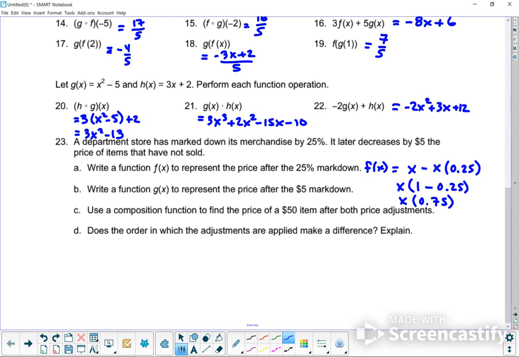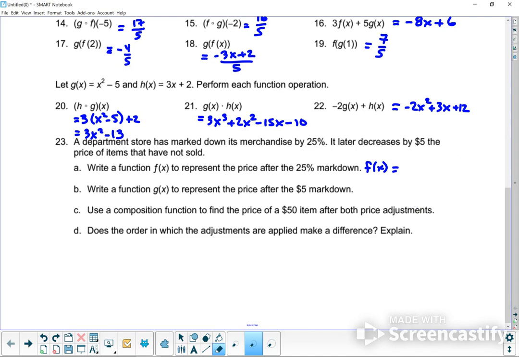So this f of x function, you can easily write as 0.75x, which is much simpler. If you're marking it down with 25%, we're actually paying 75% of it.